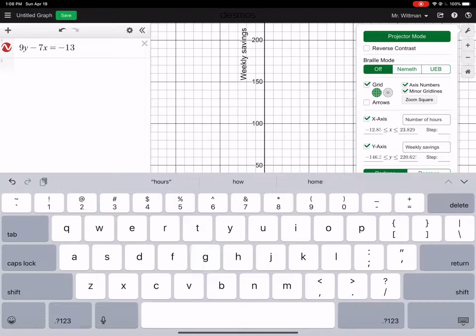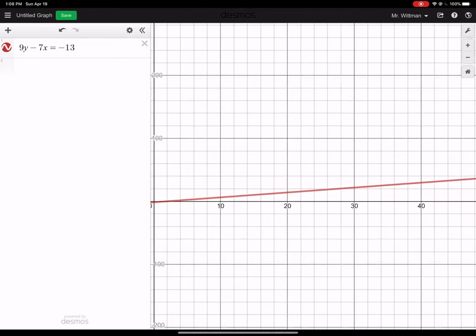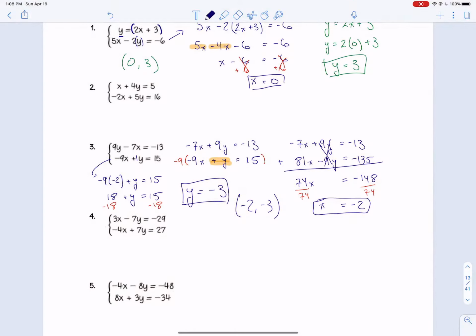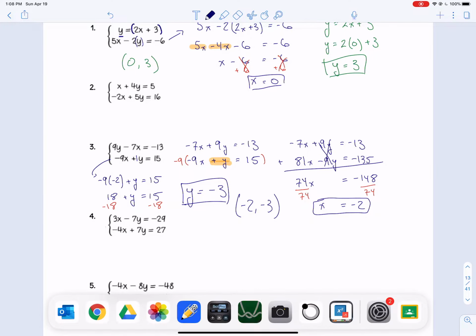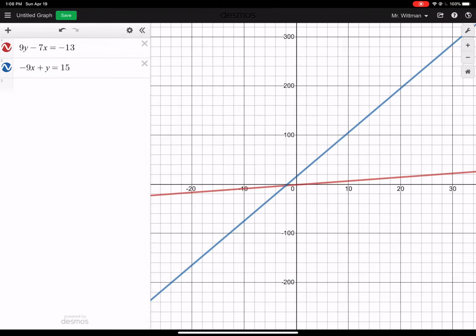This is from a problem in the 8th grade math packet. Okay, so there's our line, one of them. The other one is negative 9x plus y equals 15. All right, so there's our two lines on our graph.